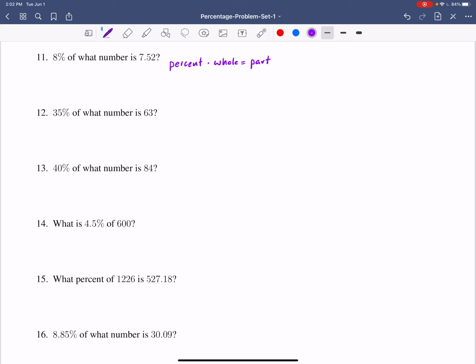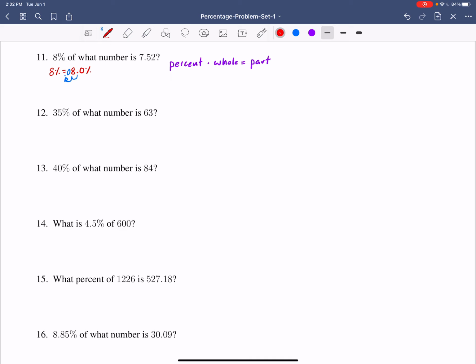Now we're given 8%, so let's convert this from percent form into decimal form. So 8% is the same as 8.0%. So we have to move this decimal 2 places to the left. Notice that means we have to add a 0 here.